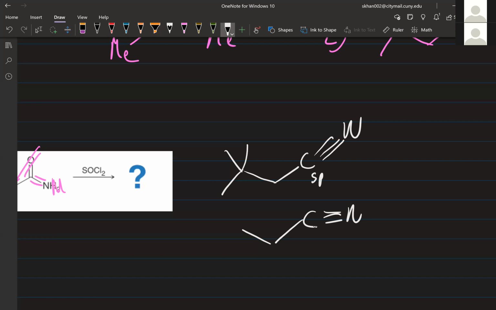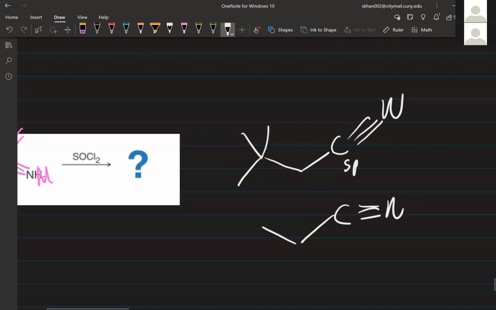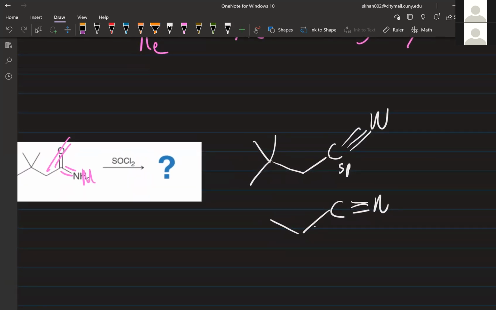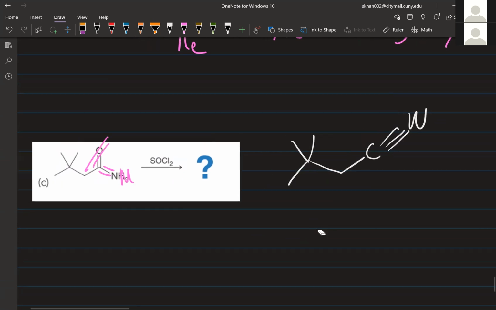That's why I don't really cover the mechanisms here too much, because most of them are very similar and repetitive, and there's just so much material in this chapter. I've always found it better to cover the products, the reaction outputs, because it would literally take hours to cover every mechanism. That's why you have the lecture, so refer to your lecture notes and the textbook if you want to see the mechanisms in more detail.